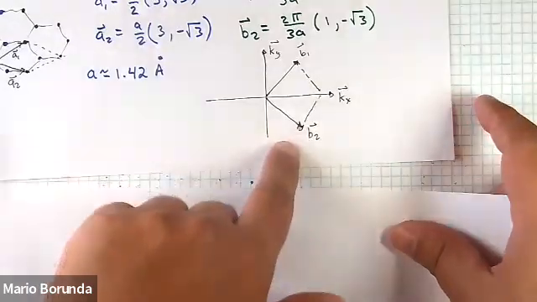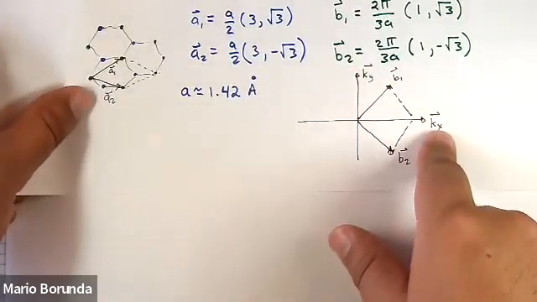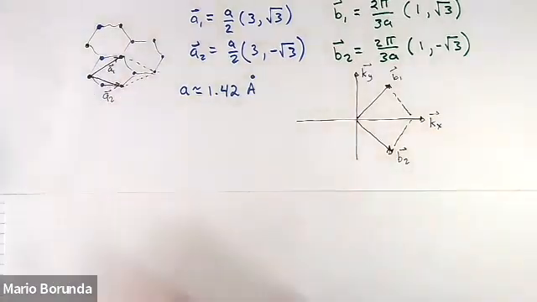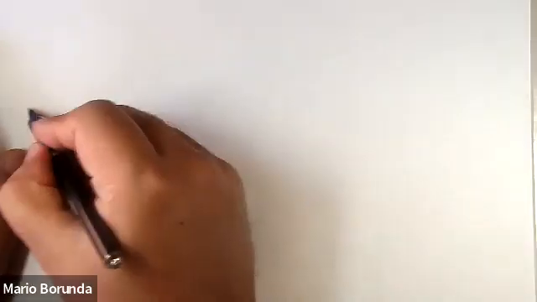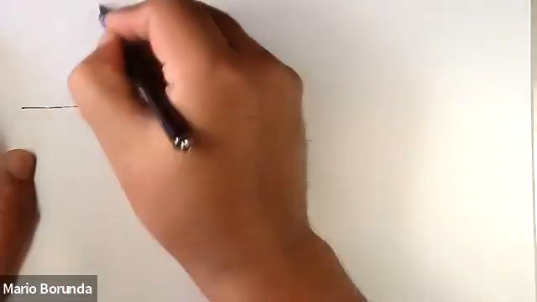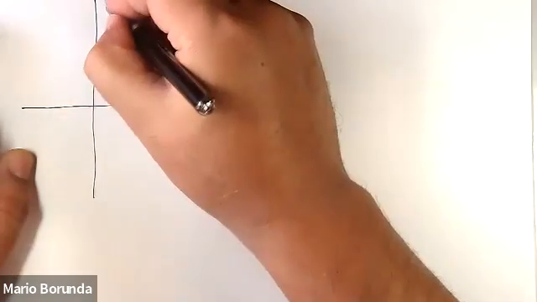So this guy is the same thing I'm gonna redraw, but do it carefully. So we have this guy in Ky, Kx, right? And then on top of this, I'm gonna draw this first Brillouin zone. So let me do that. This is Kx, this is Ky direction.